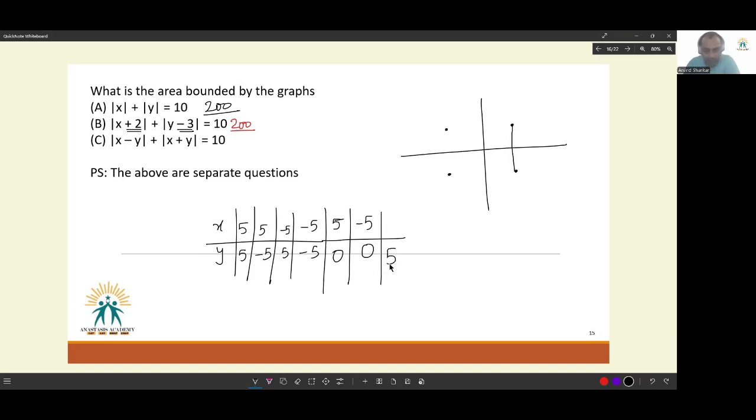Let's say if I took this as 5, 0, this as minus 5 and 0. Can you see? For x equal to 0, you could be at 5 or you could be at minus 5. This line gets created.